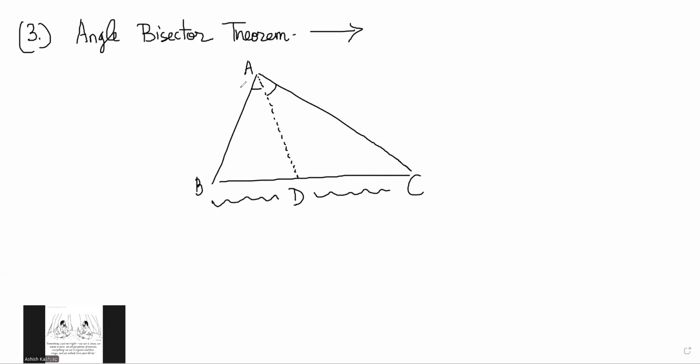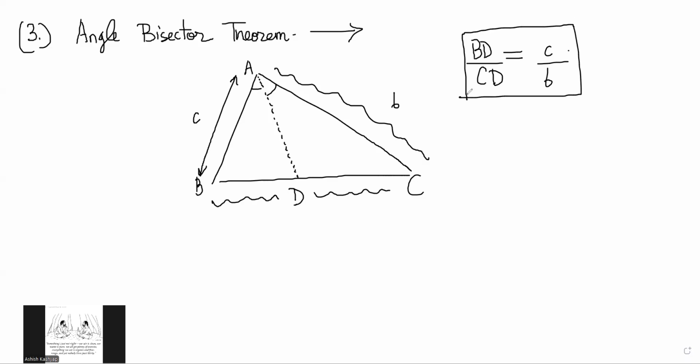So for example, this side is usually referred to as small c, and this side as small b. The theorem says that BD by CD is equal to c by b.